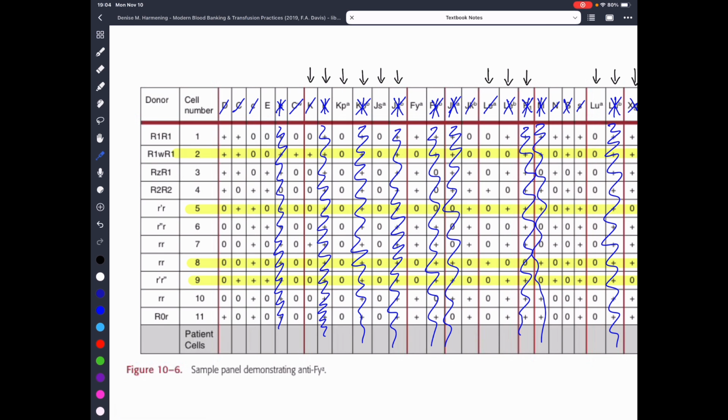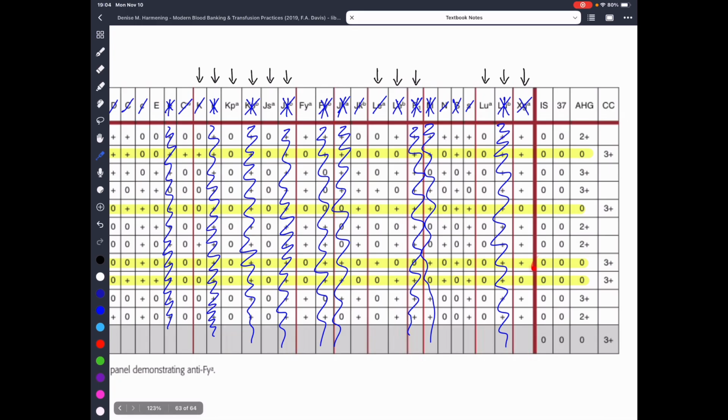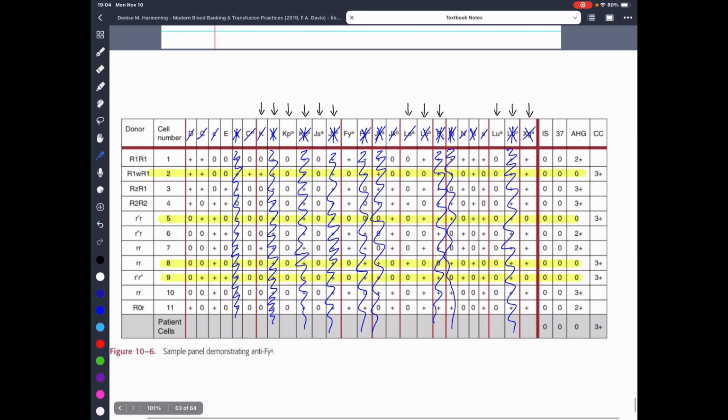Maybe this is one of those examples that we talked about. Maybe there's so little capital E antigen that when the antibodies bound to it, there was so little agglutination we didn't see it and counted it as a 0, so that would be a false negative. Maybe that's one of the cases, we don't know. That's why we look at all of the reagent reactions.